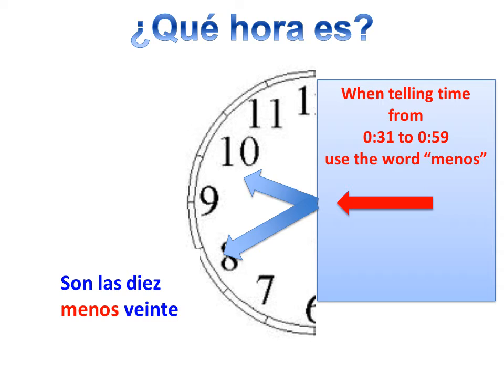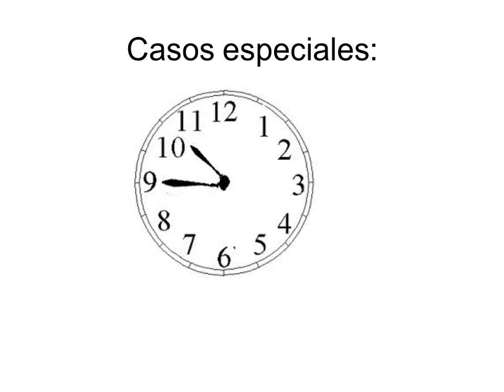So this is kind of like a little math problem here. So we're going to say son las 10 menos 20. It's 10 minus 20, or 20 till 10. Okay. All right. We have one special case on this side of the clock, and that is this 45 situation.